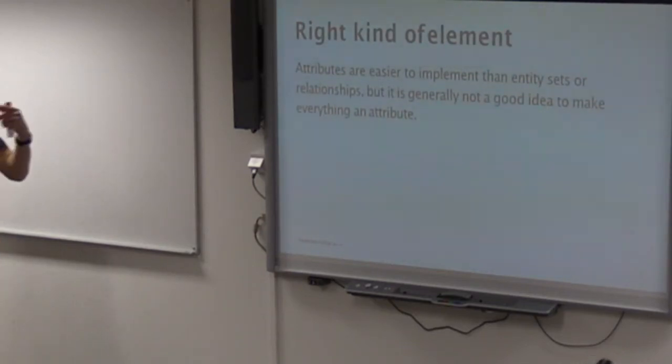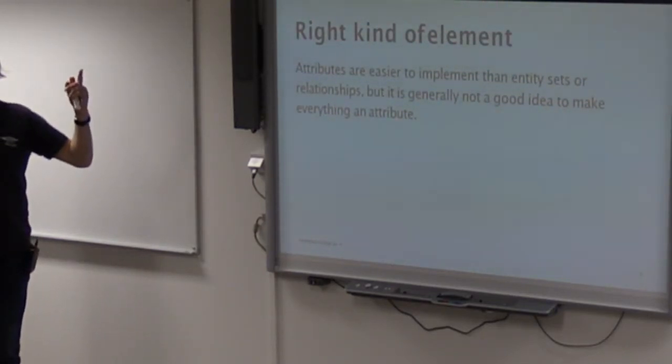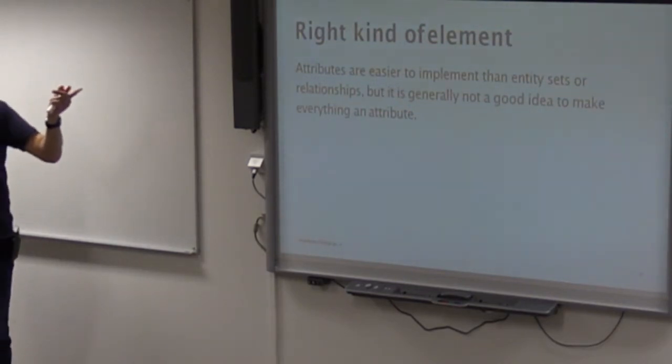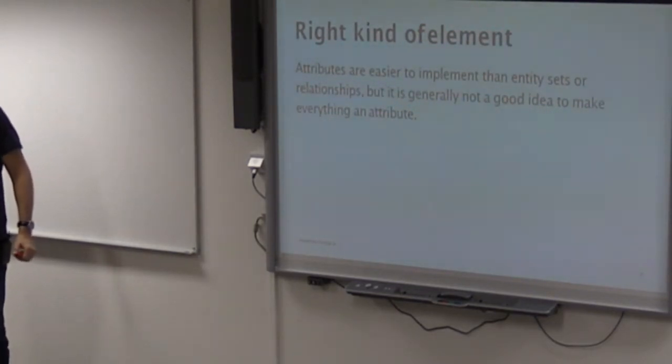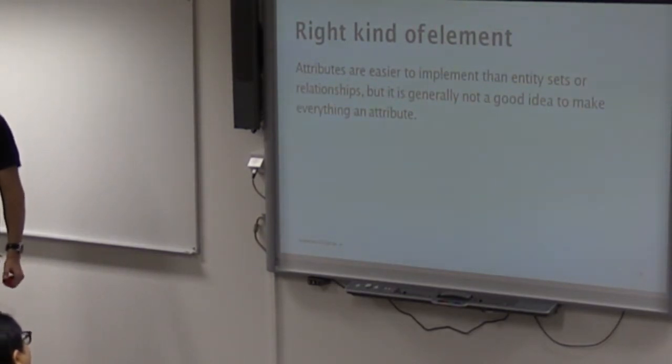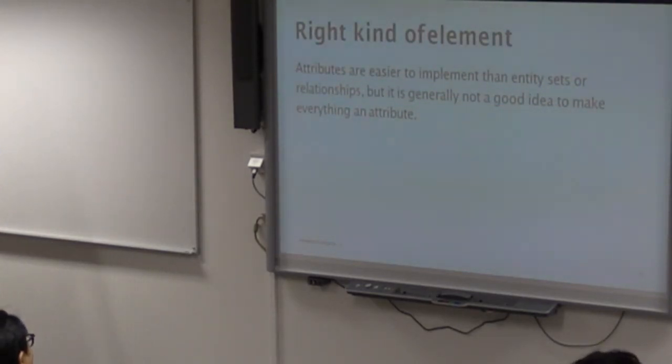And this is something that I think that you will probably do at your first assignment, or at least the second one, and that is to get the attribute trace. You have just one entity and then you put all the attributes on it, because usually that is the easiest way to do things.